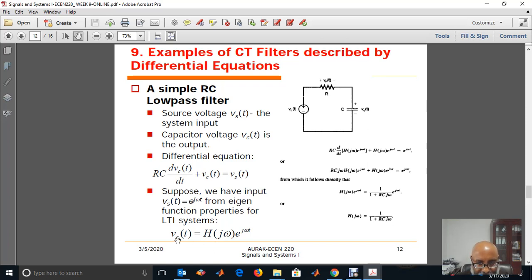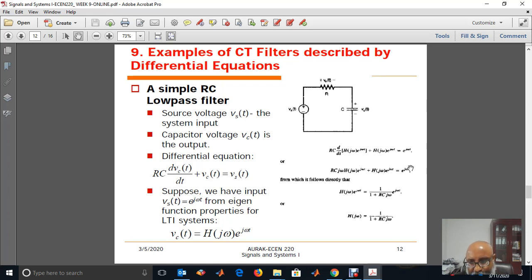So if we substitute here for Vc of t, what is the derivative of Vc of t? The derivative will become j omega times H of j omega e raised to j omega t, plus Vc of t, and then this is equal to the input.